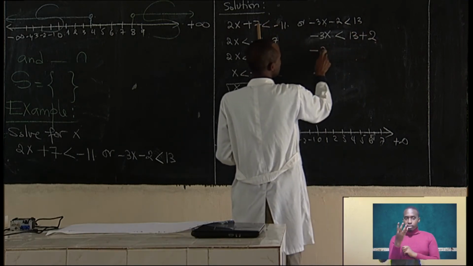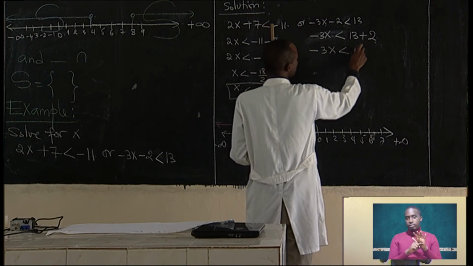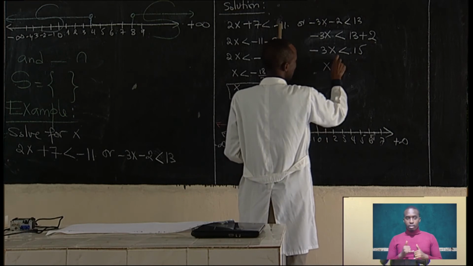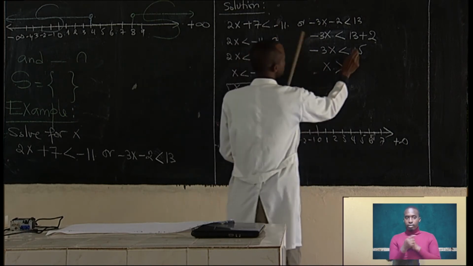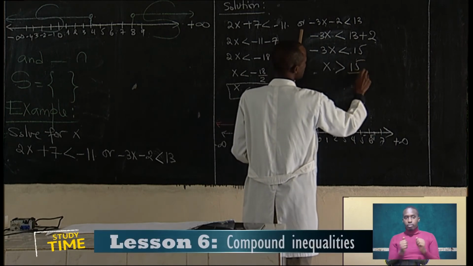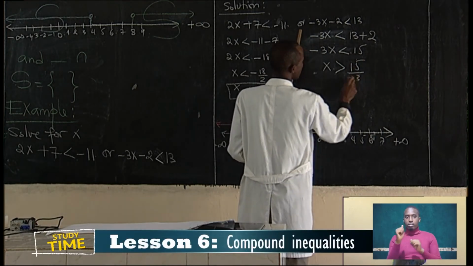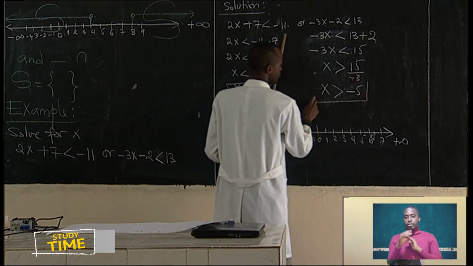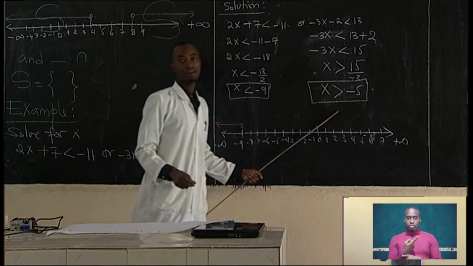We have negative 3x less than 15. We now remain with x. It changes the sign because when we divide, we will remain with 15 over 3, and the x will be greater than negative 5. This is the answer that we have at the end.